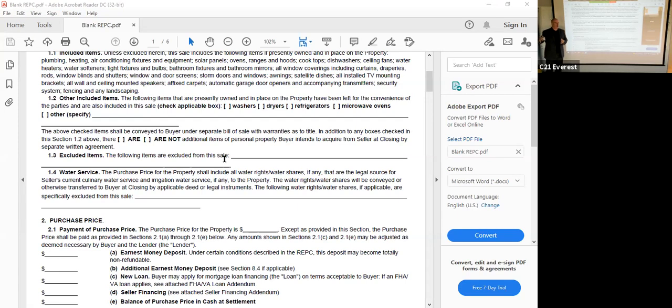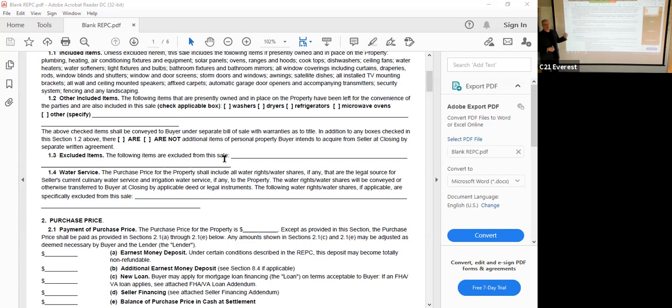But if they have like a private well and the seller has the right to keep those water shares after they sell a property, okay, that's fine. You need to find out if there are water shares, and if so, is the seller selling those with the home, or are they going to keep them separately?